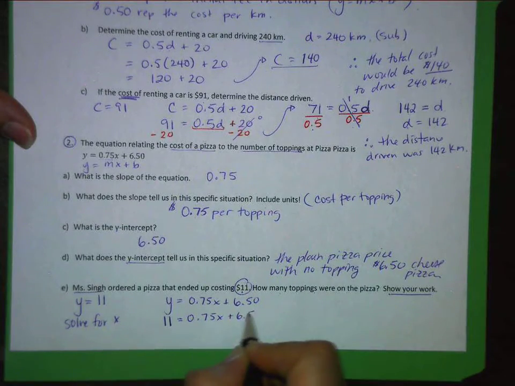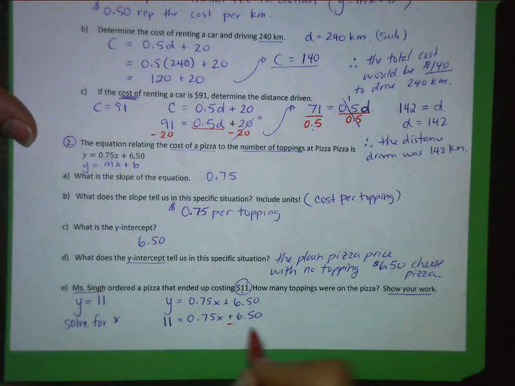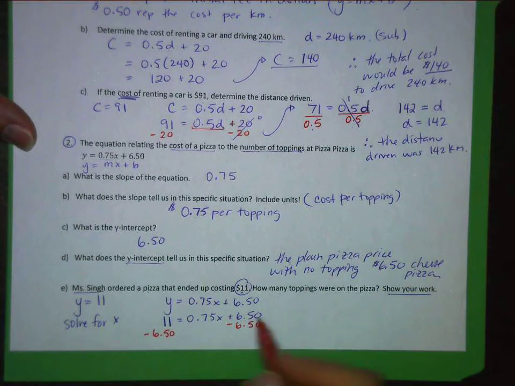So again, I want to isolate or solve for x, however you want to think of that. So let's get this term by itself. To do that, I want to get rid of this term. The opposite of addition is subtraction. Whatever I do on one side, I must do on the other. I chose that number to get rid of this one. That becomes 0.